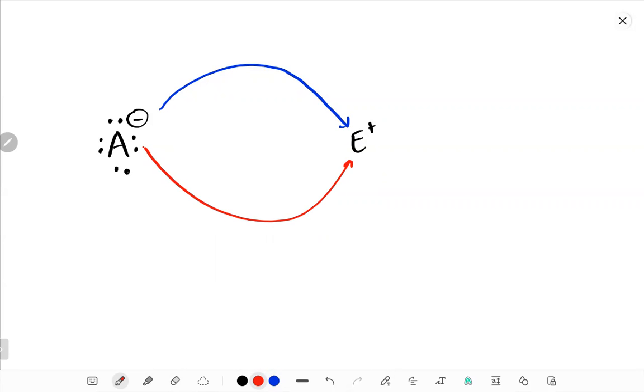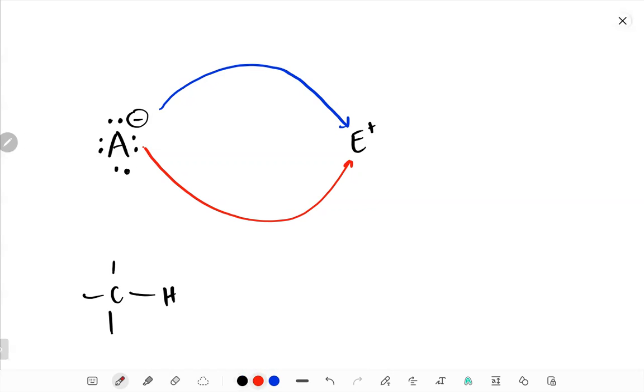And also another correct way of writing a mechanism is by starting the arrow from a bond. For example, you have this CH bond here. As we all know, CH bonds are quite basic, and they have sp3. CH bonds are nucleophilic.